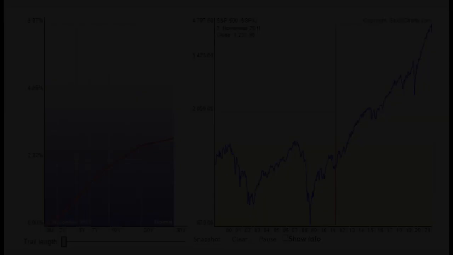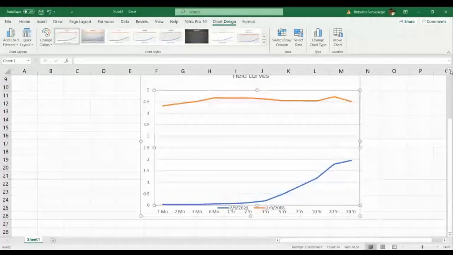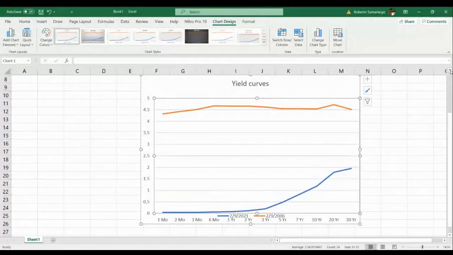So here is what I'm talking about. You should be seeing two curves, a blue and an orange. The orange one is the yield curve from yesterday in 2016, so February 9th. And this is the yield curve from yesterday, 2021. You see anything unusual?